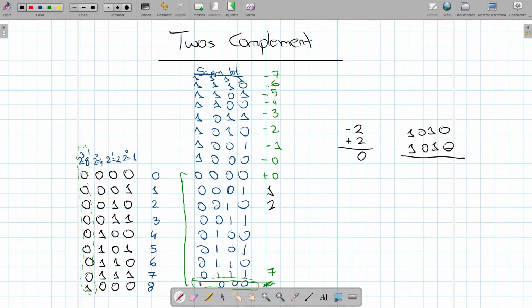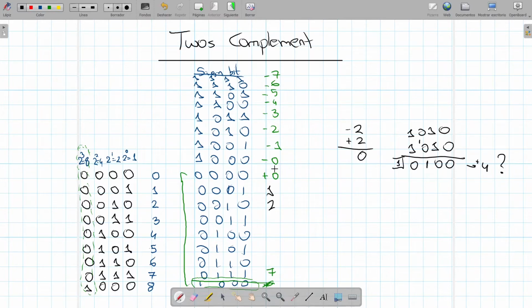So 0 and 0 is 0, 1 and 1 is 2, so we carry 1. Then 0 and 0 is 0, that's a 1, and 1 and 1 is 2, we carry 1, which we forget about because it's out of our range. And then what value is this? 2 to the power of 2, so that's a 4. So minus 2 plus 2 would be plus 4, which doesn't make sense.